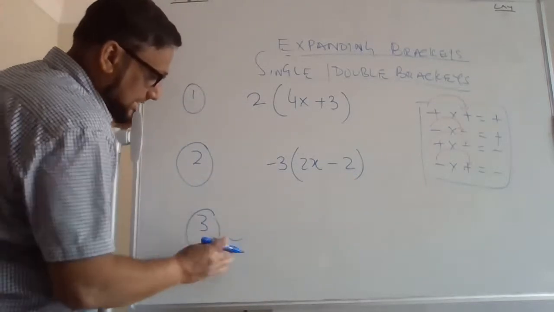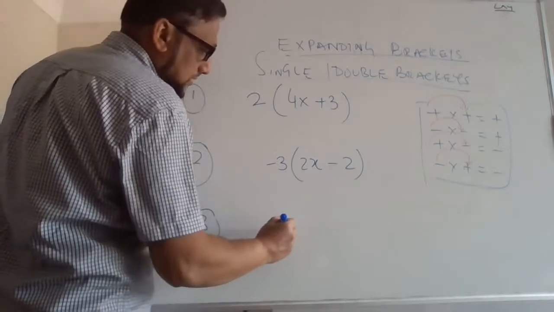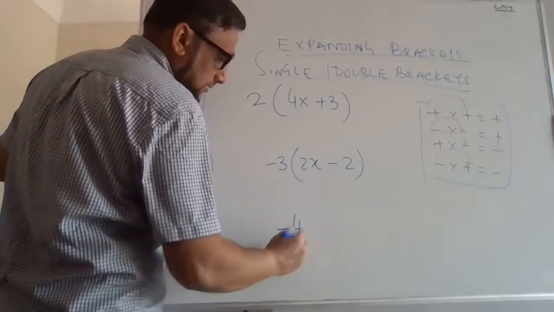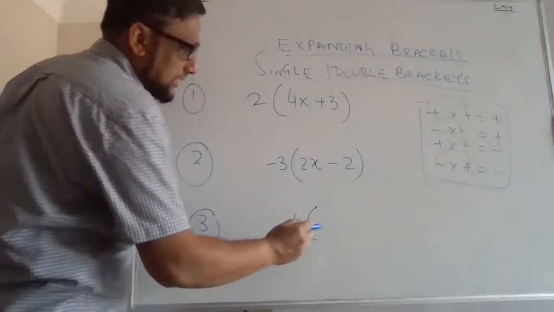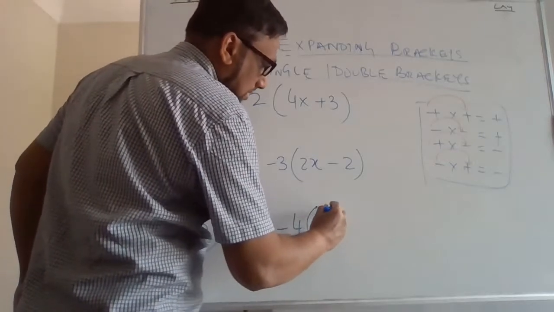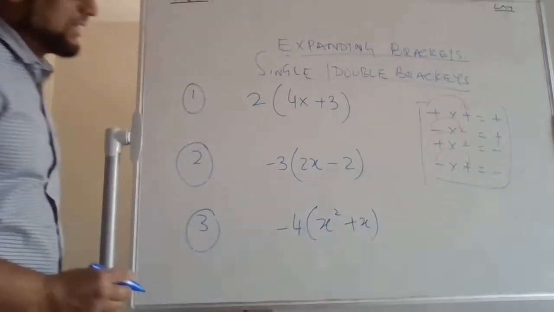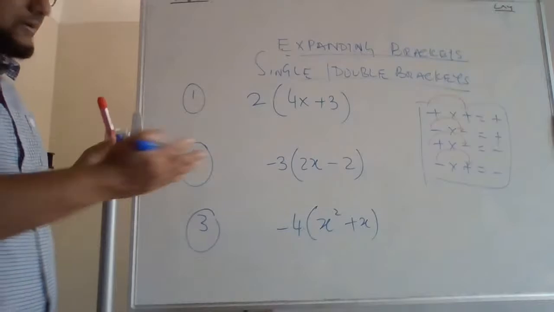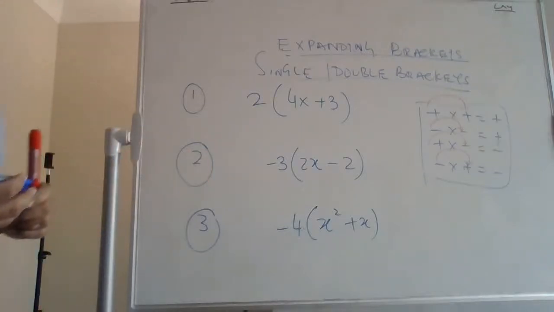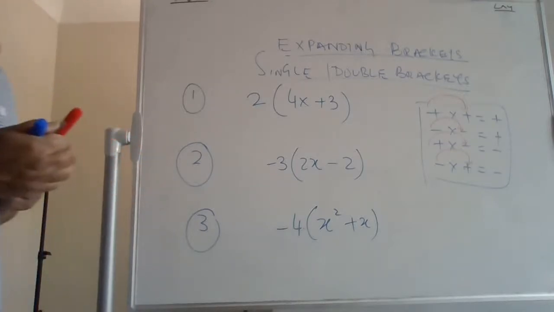And the third question you need to solve is 4 minus 4 times x squared plus x. So these are three questions. So you can try one by one, okay, and then you can match the answer, okay.